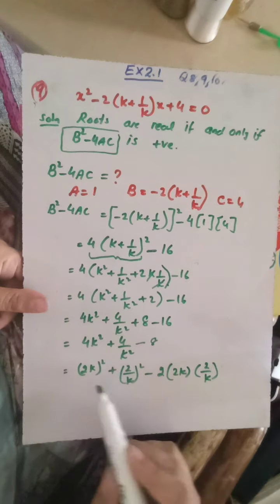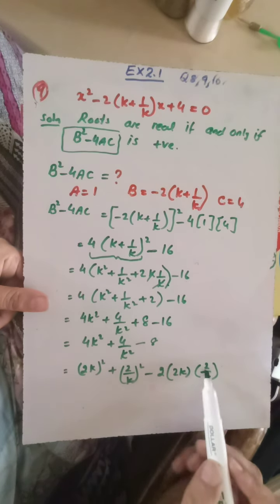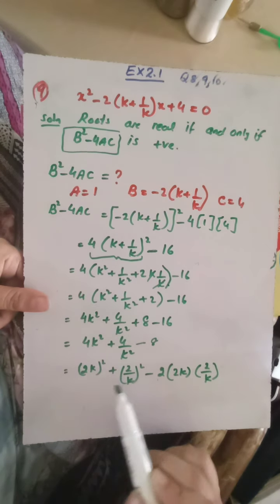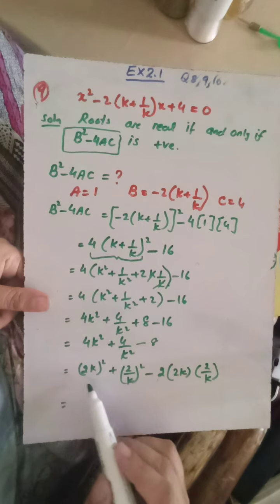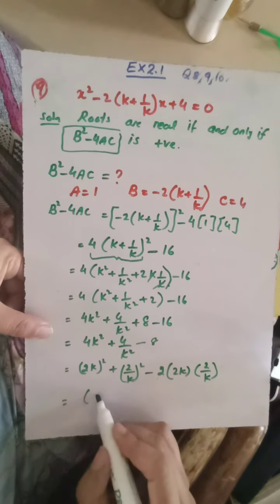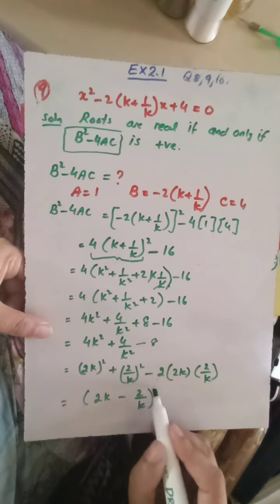If I write the product of 2ab over here, what do we get? k will be cancelled out with k, and 2 2s are 4, 4 2s are 8. It means 8 can be written as a product of 2 and these two. And as you may see, this is the formula a square plus b square minus 2ab. It means that we can write it as 2k minus 2 over k whole square.